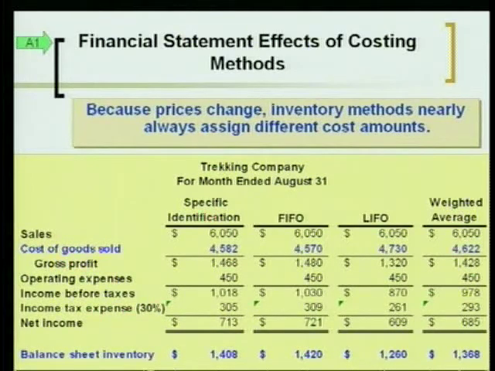Now, this is a company, and what they did is they figured out what their income statement would look like and, at the very bottom, what their inventory amount would equal if they would have used the specific ID method, or the FIFO method, or the LIFO method, or the weighted average method.